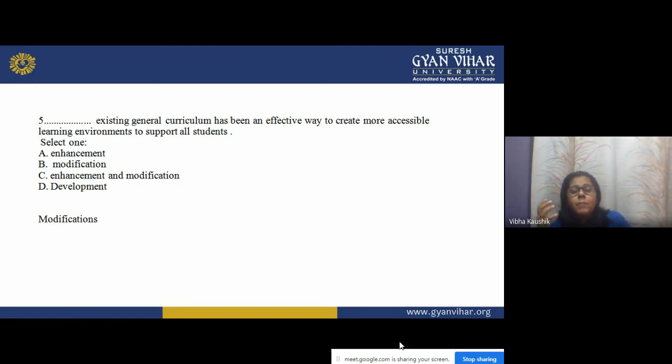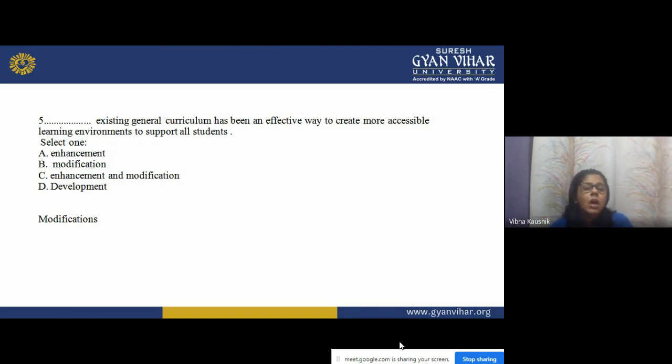Now it's creating an environment that is more accessible to support all students that are present in the class.